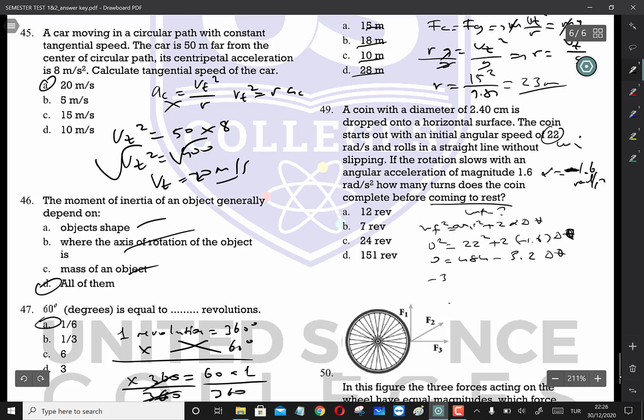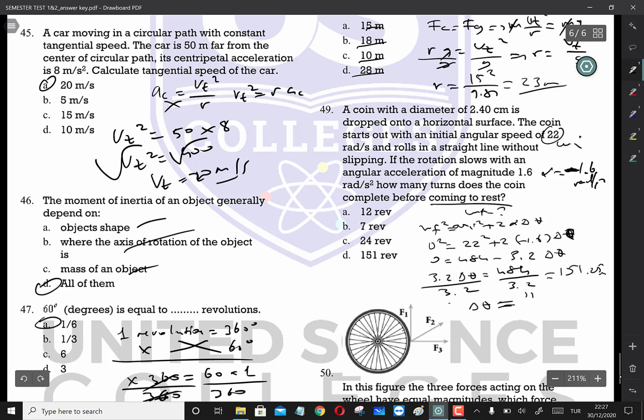Then take this negative 3.2 to the left side as positive. 3.2 delta theta is equal to 484, so delta theta is 484 divided by 3.2, which is equal to 151.25 radian.